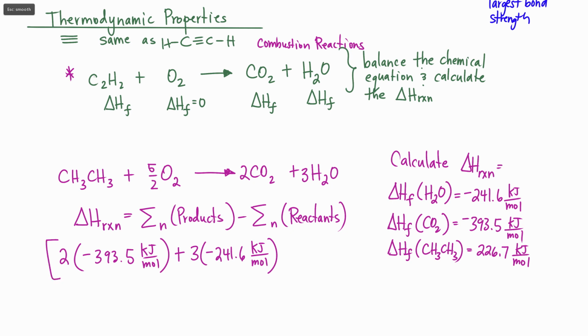Okay, I want to bracket that. Okay, and then I'm going to subtract off the delta HF of O2, diatomic gas, is 0. So I'll just be subtracting off the 226.7 kilojoules per mole. Okay.